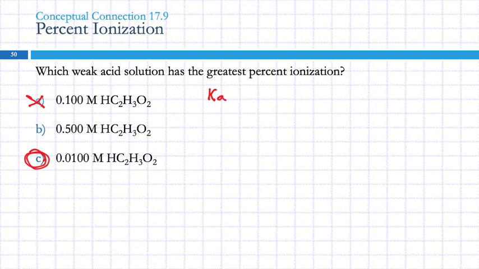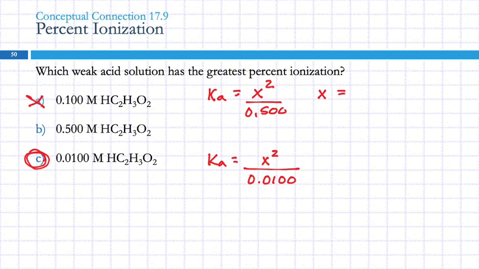So just not using the Ka's, but using the x is small approximation. So in this case, x is going to be the square root of Ka times 0.50.